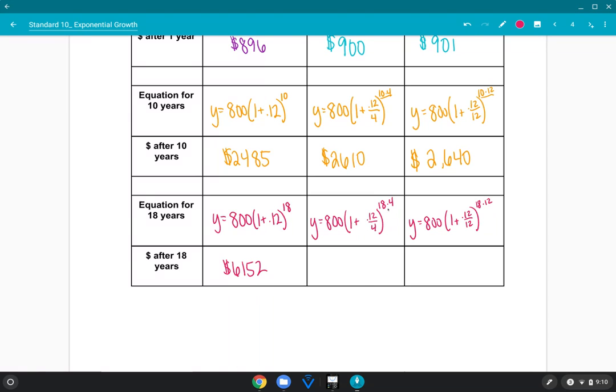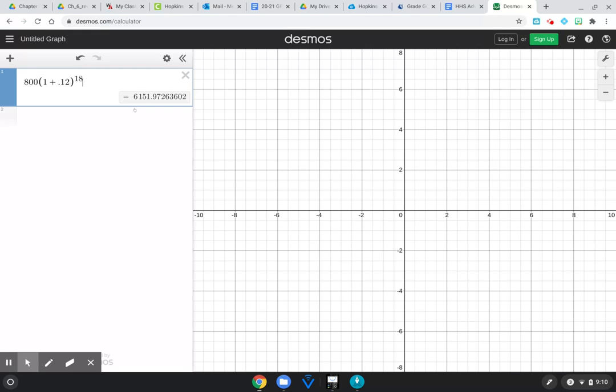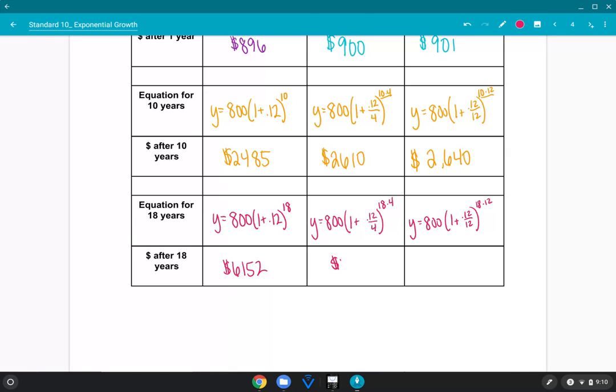So this means we have to figure out what 18 times 4 is first. 18 times 4 is 72. So remember, divide your decimal by the 4, and then this is going to be 72. $6,720. Ooh, that's a big jump.